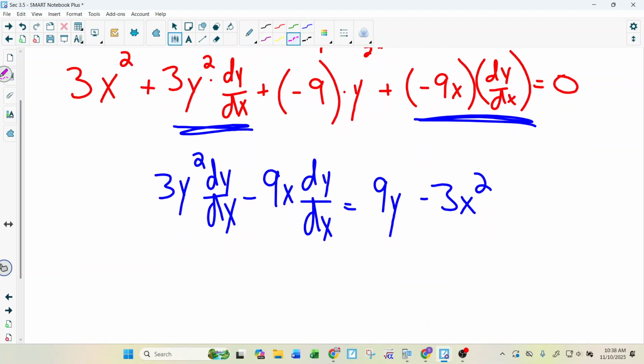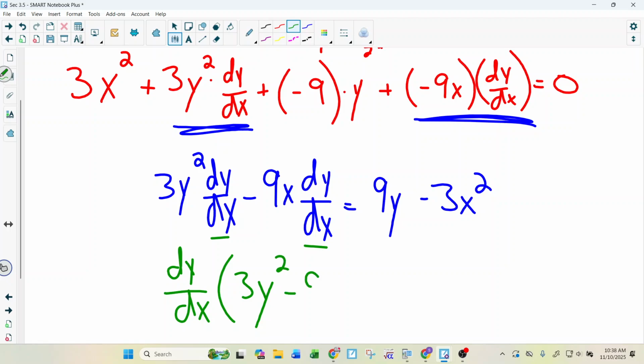Now, the big step here, anytime we do these kind of problems, is always this step. This is the step that people always struggle with: I'm going to factor out the dy dx.